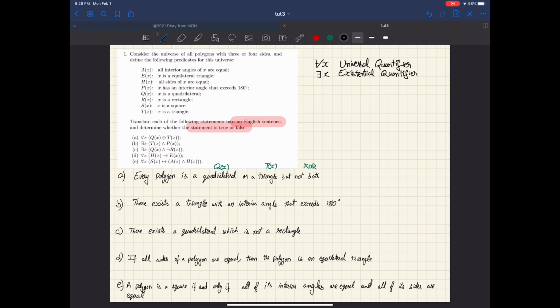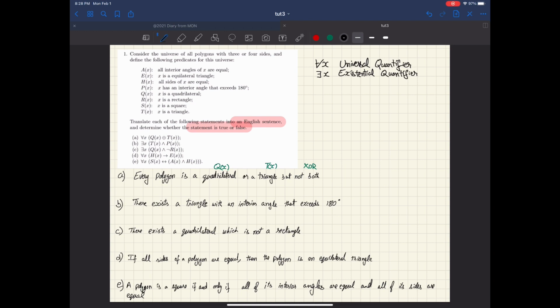The third part, again, we have an existential quantifier. It says for some x, Q of x and not R of x. Now, R of x was x is a rectangle, so not means it's not a rectangle. Therefore, the statement would be there exists a quadrilateral which is not a rectangle.